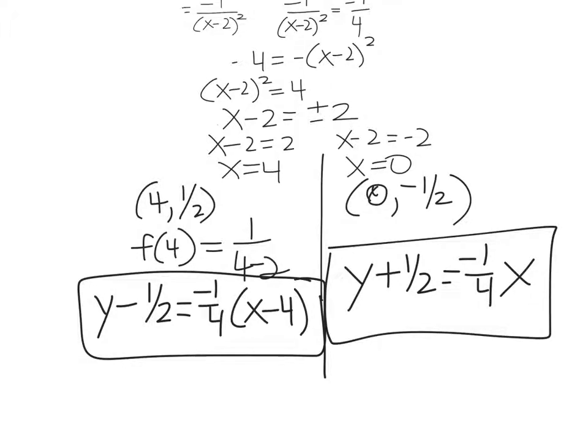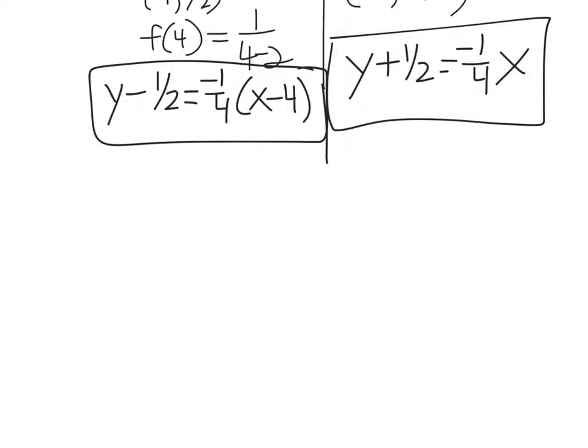If you were to graph this on your calculator, it's 1 over x minus 2. You might know what that looks like already. But here's the graph of it. There's an asymptote through x equals 2, and there's an asymptote at 0.